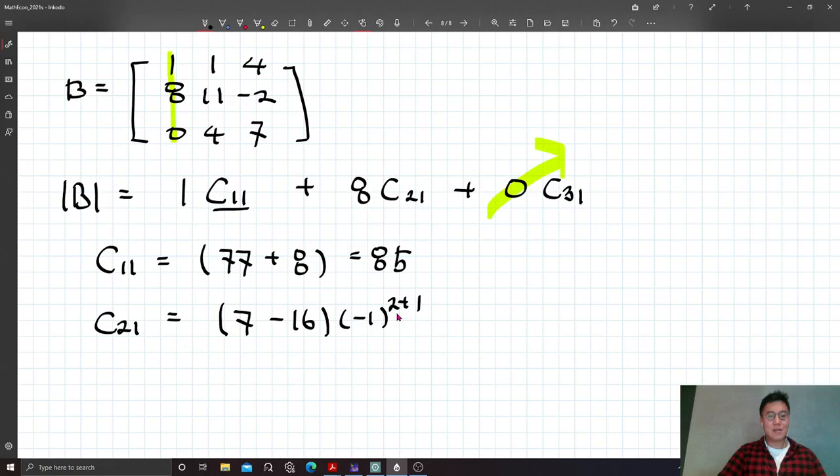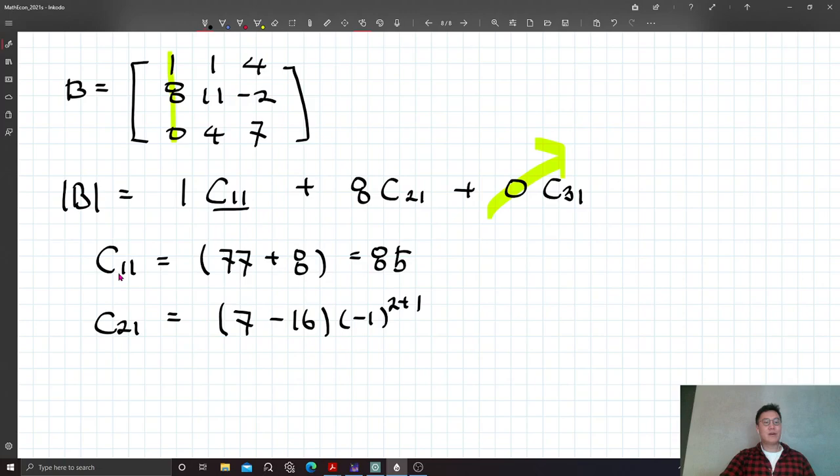For C sub 2,1, because the sum of the subscripts is an odd number, we have to change the sign to negative. For C sub 1,1, we don't have to consider this sign operator because the sum of the subscripts is an even number, so it does not change the sign. It remains positive.